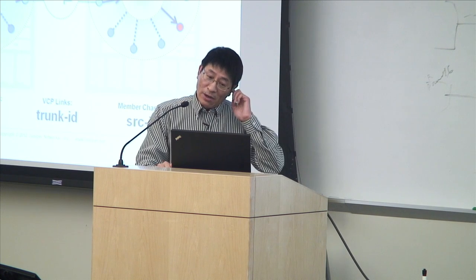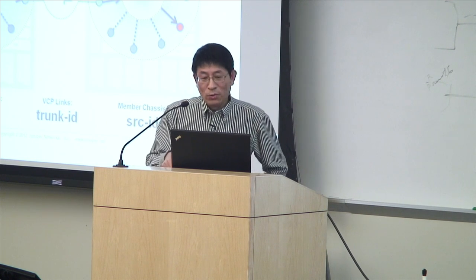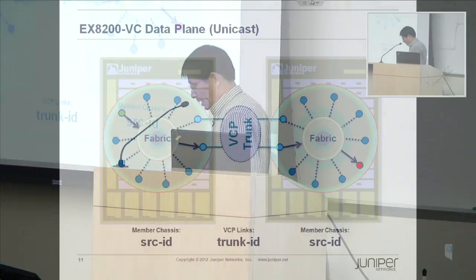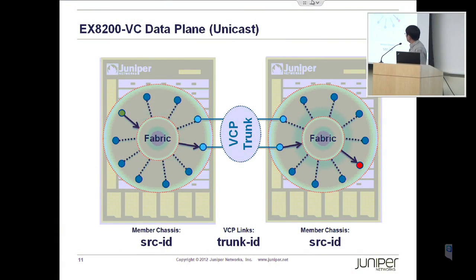As you can see here, I have a logical view of each 8200. Each 8200 has an internal fabric. The PFE devices are connected point to point through the fabric.